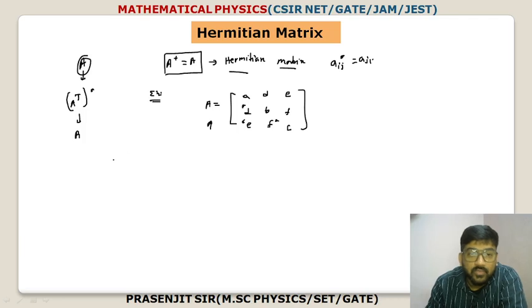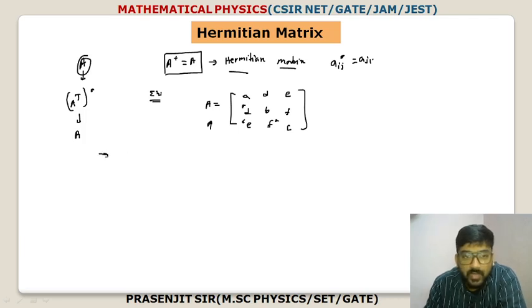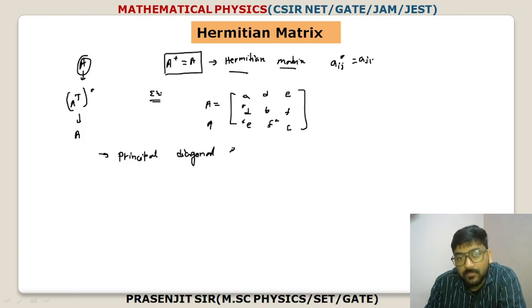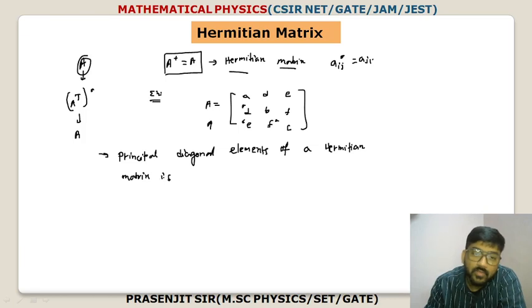So you can write that the principal diagonal elements of a Hermitian matrix are always real.